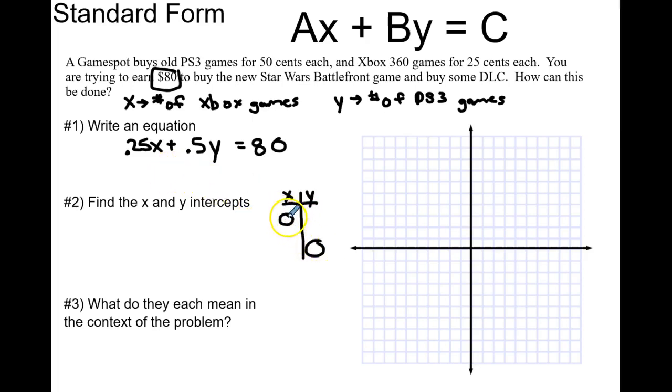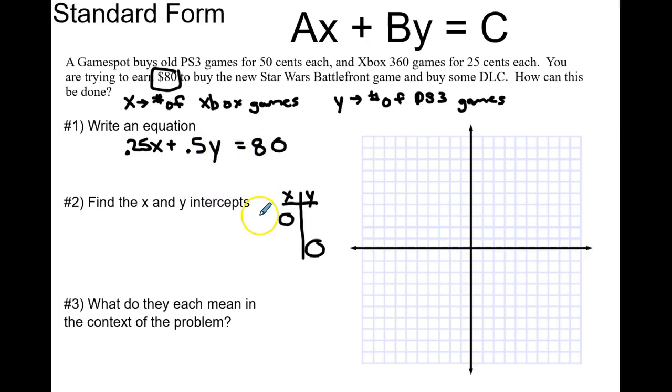Well, let's think about it. If X is 0, that means we sold no Xbox 360 games, so we only sold PS3 games for 50 cents each, and it came out to be $80.